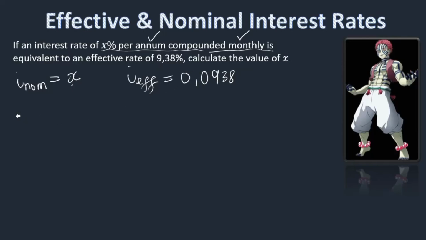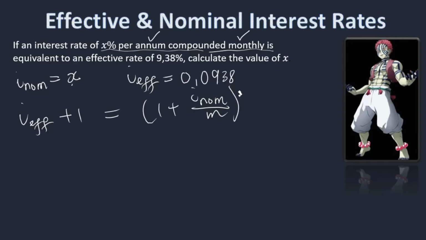The formula says I effective plus 1 is equals to, right, 1 plus I norm over m raised to m. Now I have the I effective. I effective is 0.0938 plus 1. This is equals to 1 plus X, which is what I'm looking for.